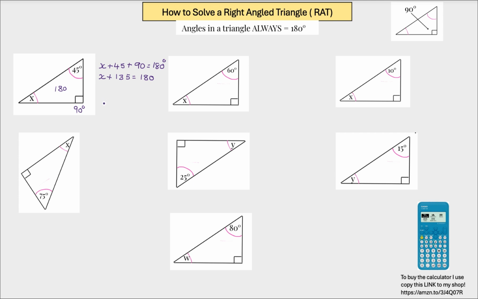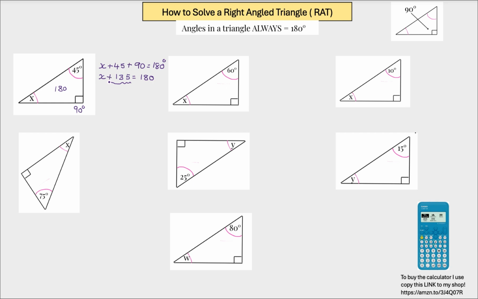Now, using what we know in algebra when we're solving something, when we're moving a number over the equal sign, we change its symbol.